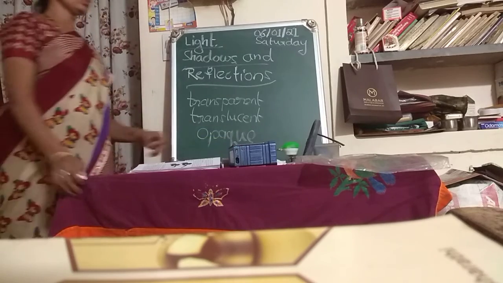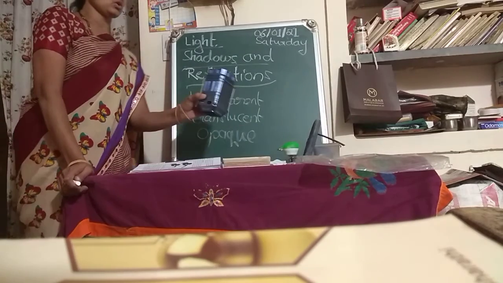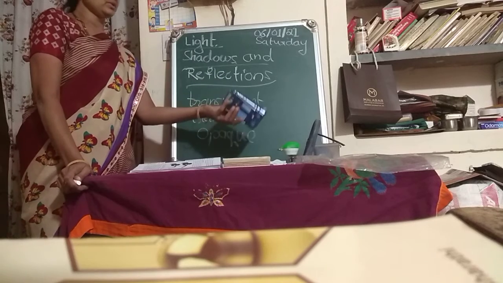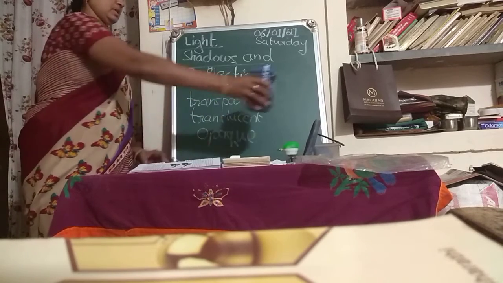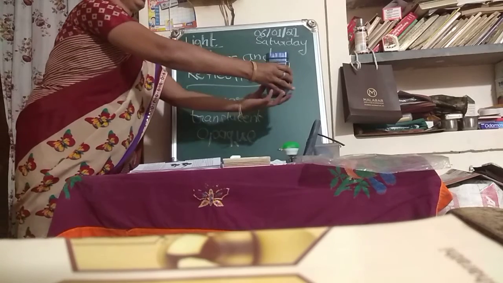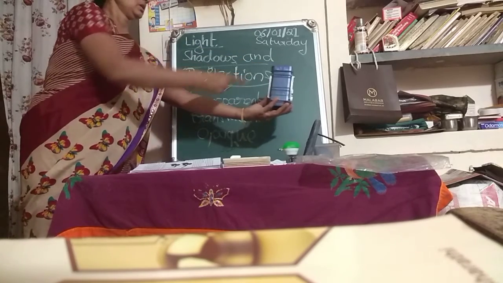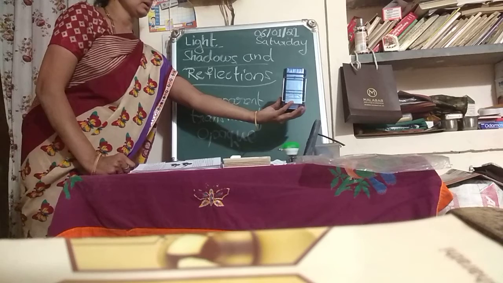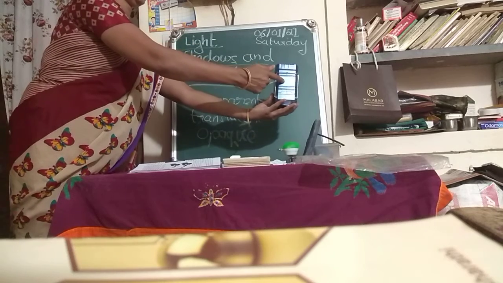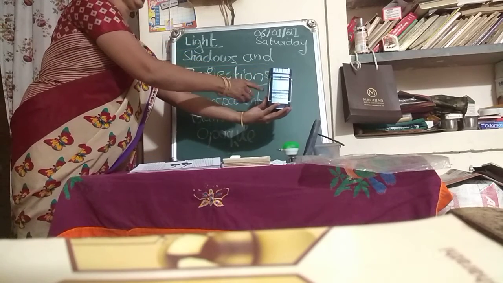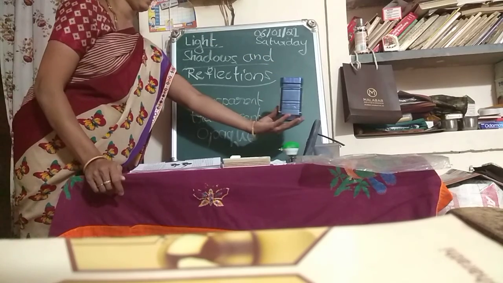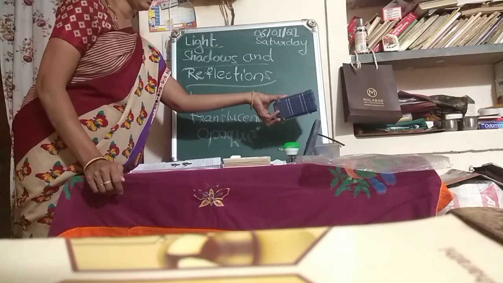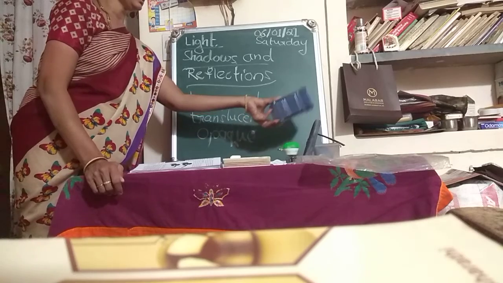So when light does not pass through opaque objects, what happens? See, now there is light coming from the electric bulb. The light rays cannot pass through this, and a shadow is cast. See, like this. You can see clearly.